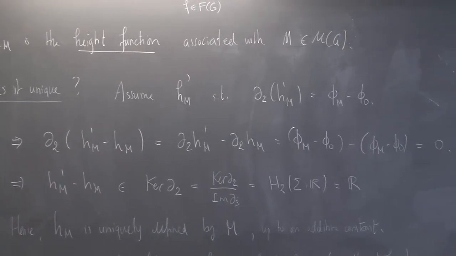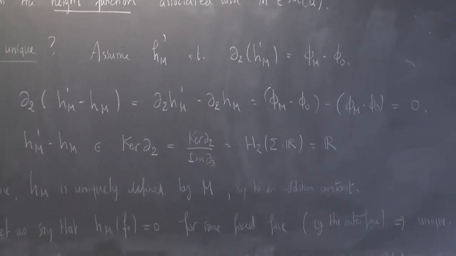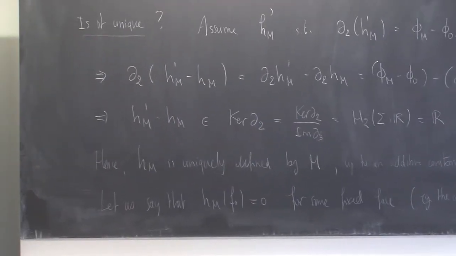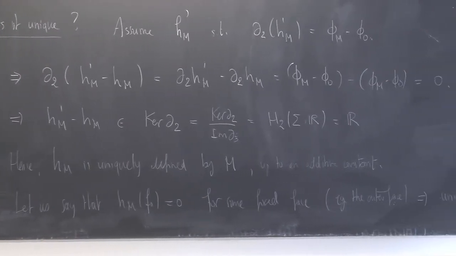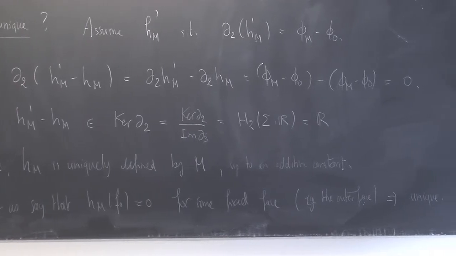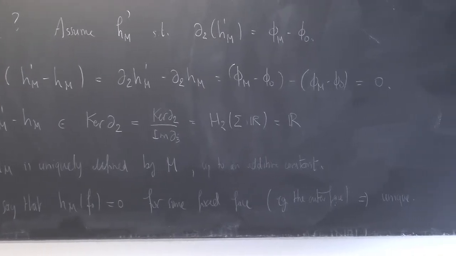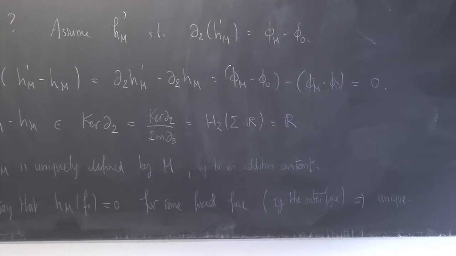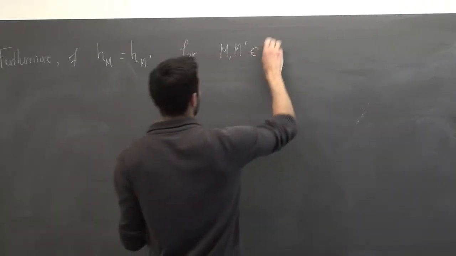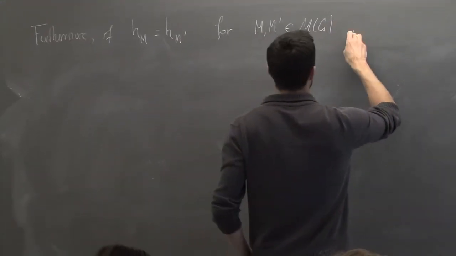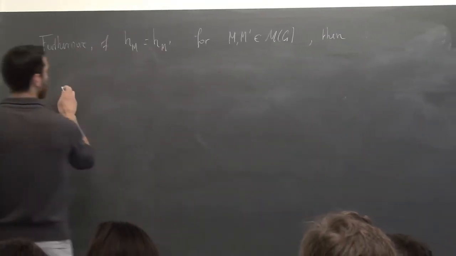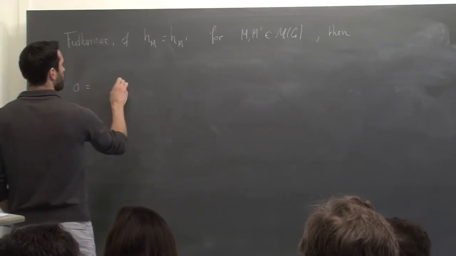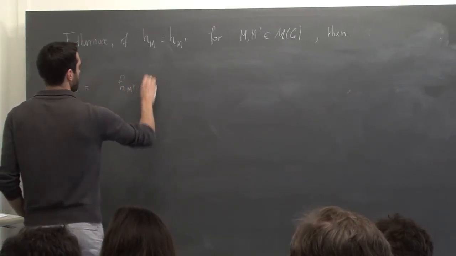And now I just want to, so it means we have a map going from perfect matchings to height functions, and I just want to show you that this map is injective. So furthermore, if hm is equal to hm prime for two perfect matchings, then 0 is equal to hm prime minus hm.